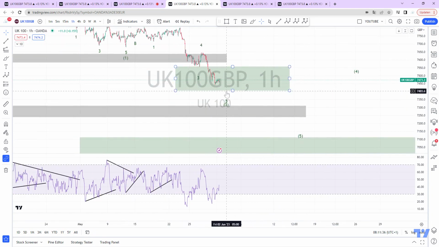If it does not hold, there will be a reaction. You then just move your stop loss to your entry price, and you can be stopped out if it does not hold, but then you don't lose any money. So this is how I will trade it today, how I will play it.